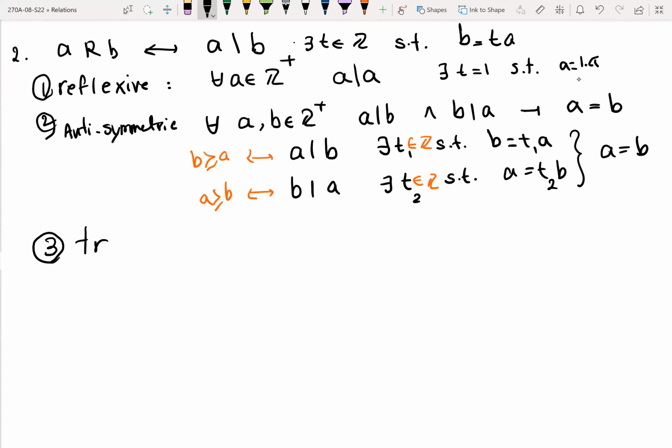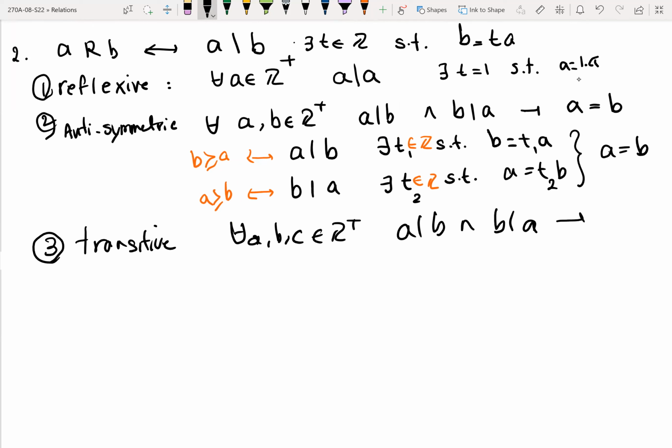And transitive says for every A, B and C positive integers, if A divides B and B divides C, then A divides C. So you can say the same thing.